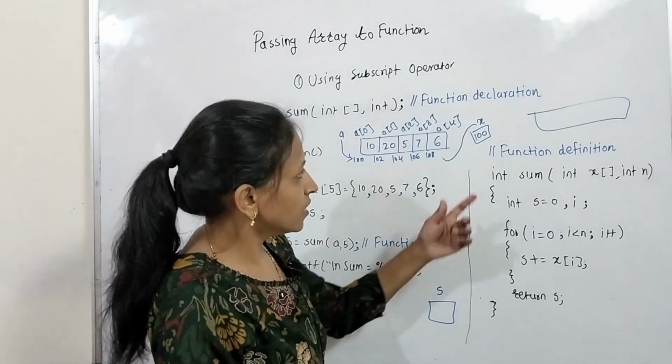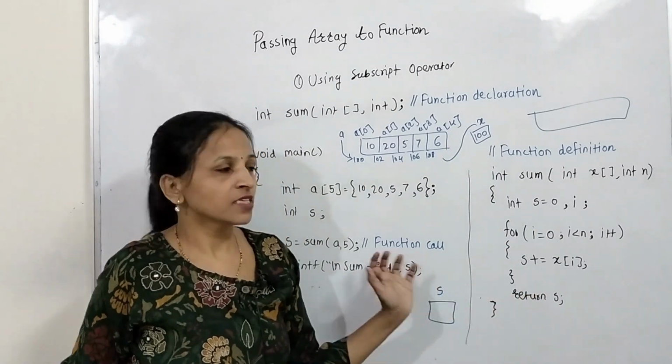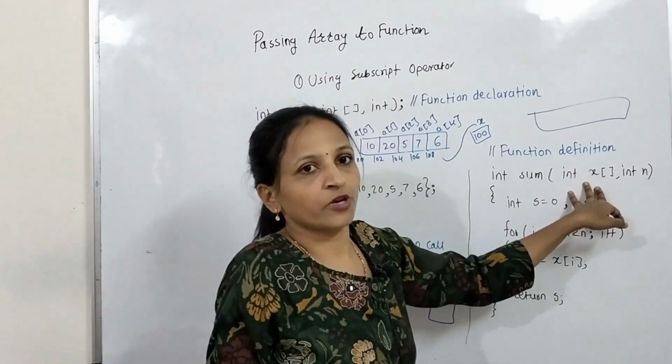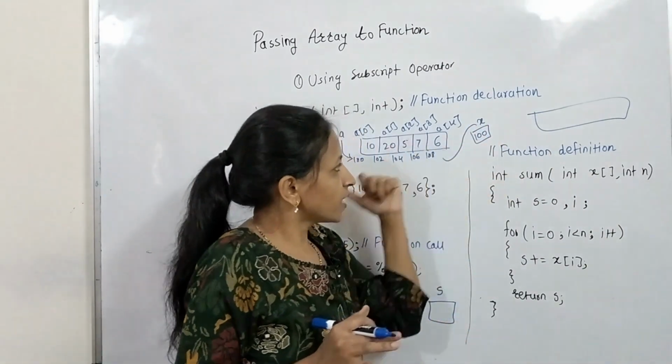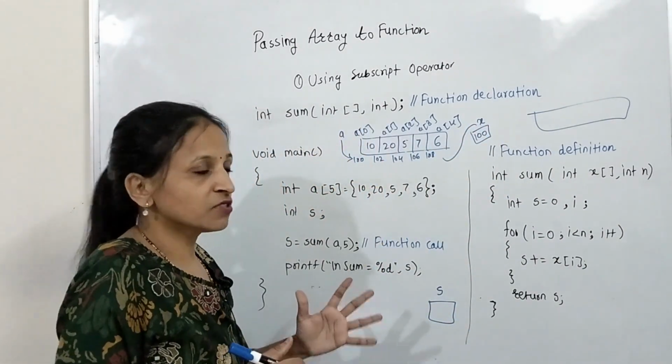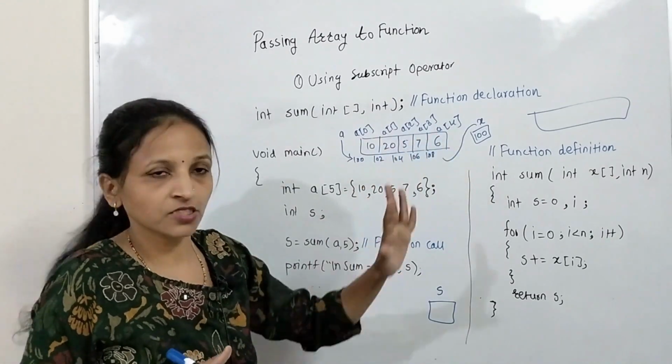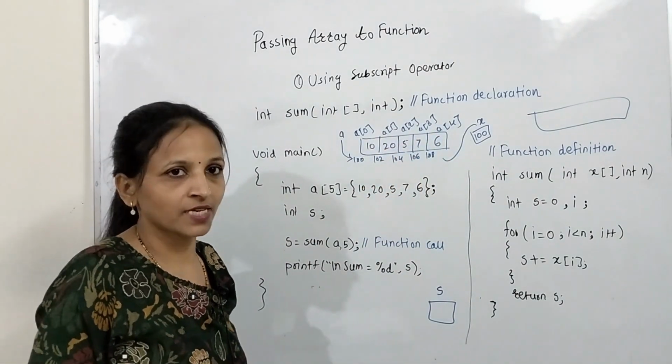An internal pointer will get created, and there we are creating one more pointer, that is the only difference. Now here x will have the same base address of that array, meaning with the help of x also we can access all those individual elements of this array.